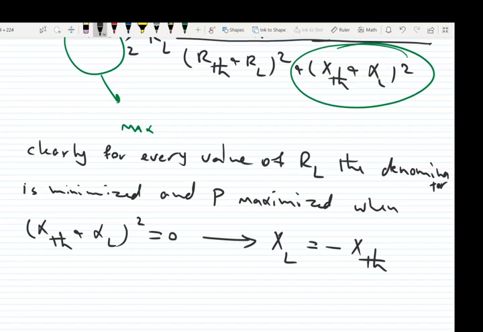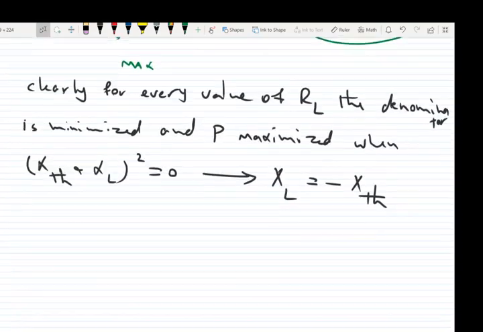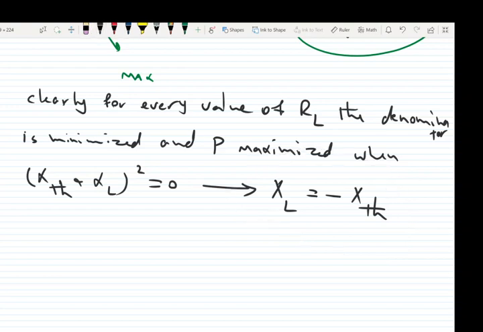So the first conclusion: our goal was finding RL and XL. We got the XL. XL should be equal to negative X Thevenin in order to have a maximum power.